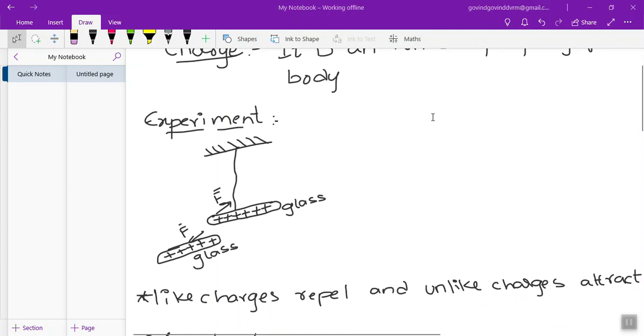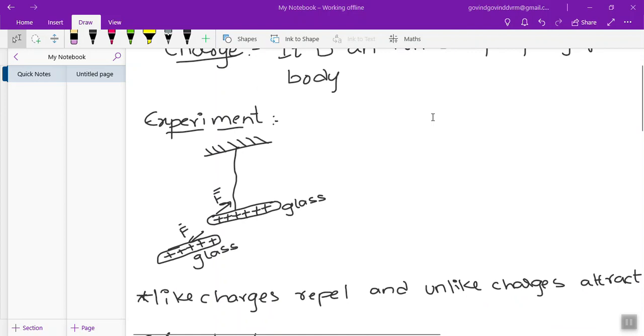And in order to explain this phenomenon, we come to a conclusion that there might be some property attained by these rods, which must be the same property, and which helps them to push each other. That property we call charge, and the charge acquired by them makes them push each other.